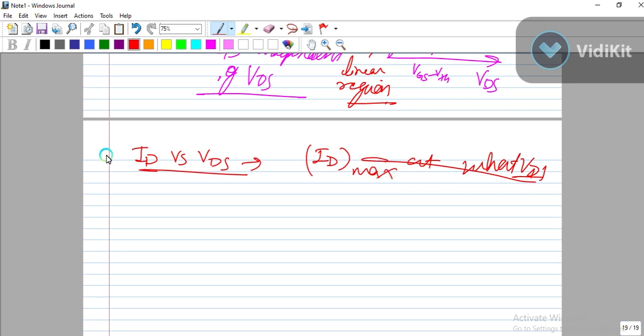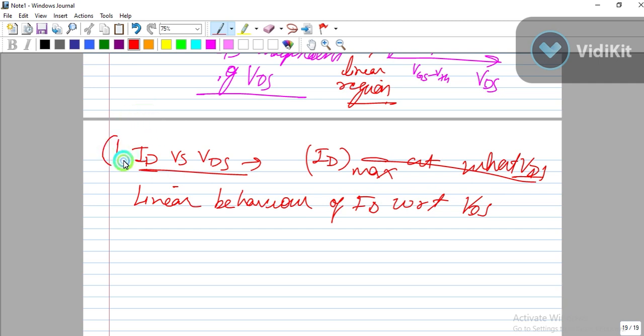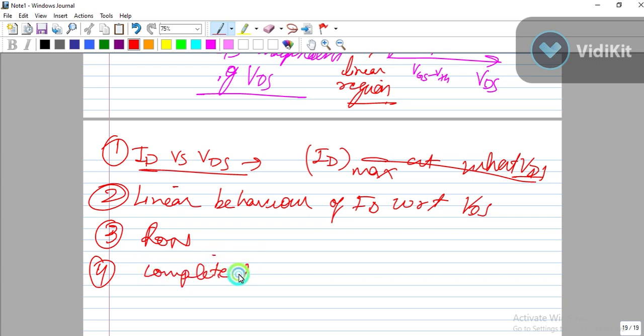Second, we saw the linear behavior of ID with respect to VDS. This is the first observation, this is second, and third we saw saturation. And fourth, we saw the complete ID versus VDS graph. That much we have seen.